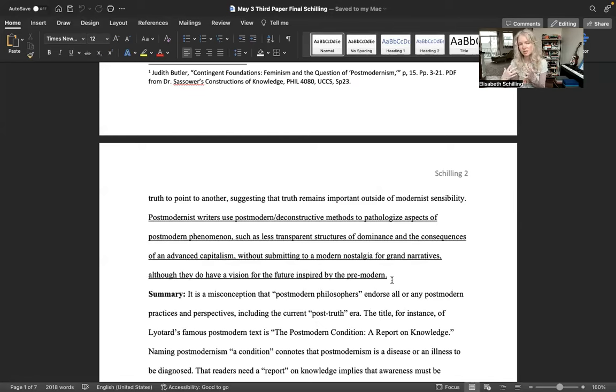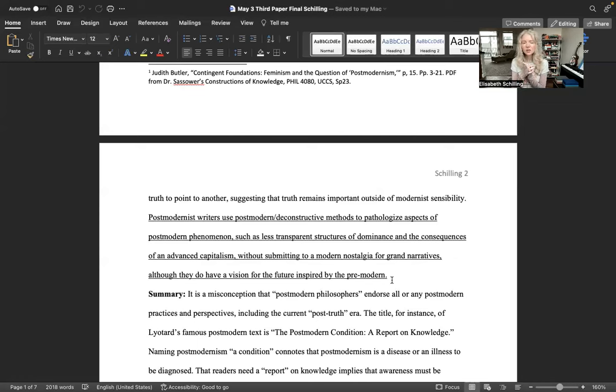He's been aligned with a precursor to postmodernism, kind of like Nietzsche has. He has a nostalgia for the pre-modern. So that's who I can think of right now.